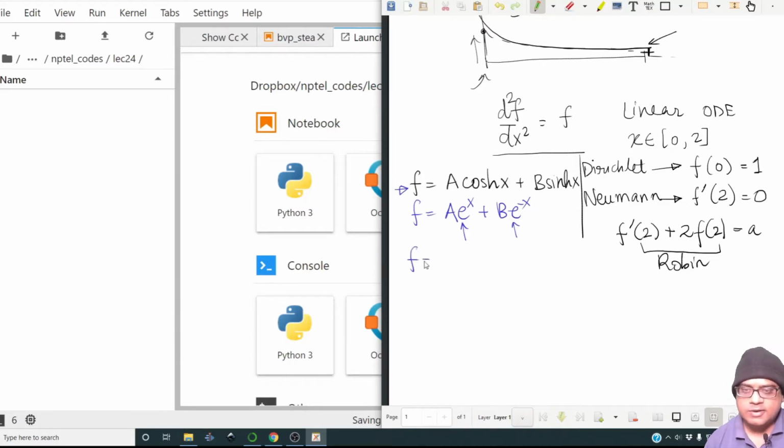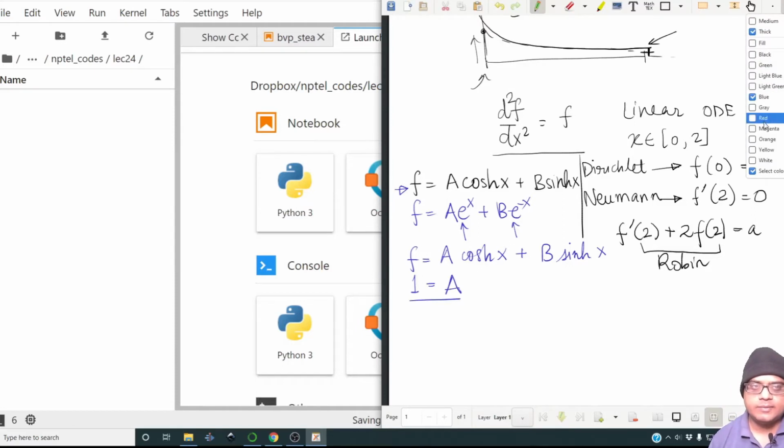So we have f equal to a cosh of x plus b sinh of x. Using the first boundary condition f of 0 equal to 1, once you substitute x equal to 0, this term will become 1, so this will be a, and this particular term will become 0 because sinh of 0 is 0. So a becomes equal to 1.